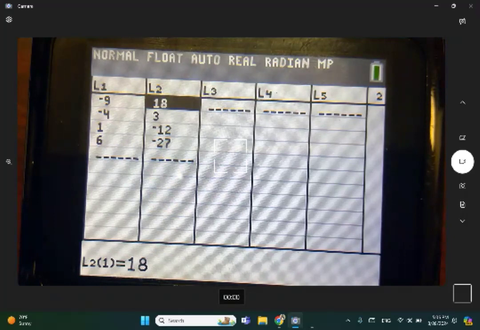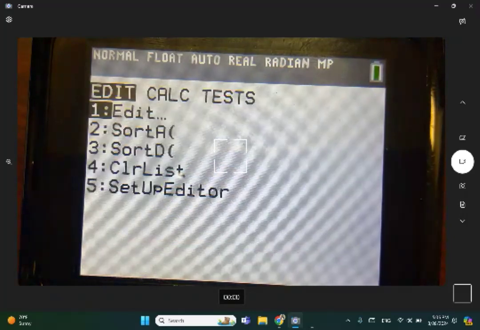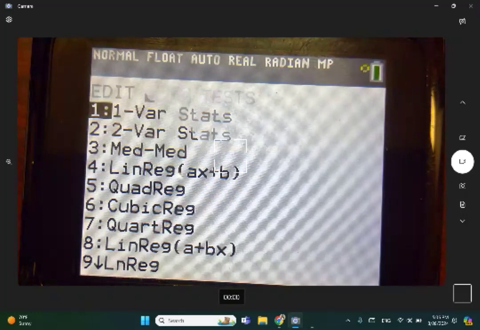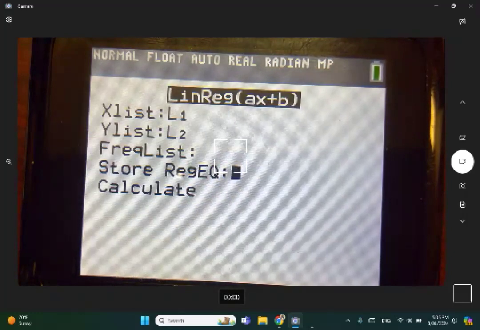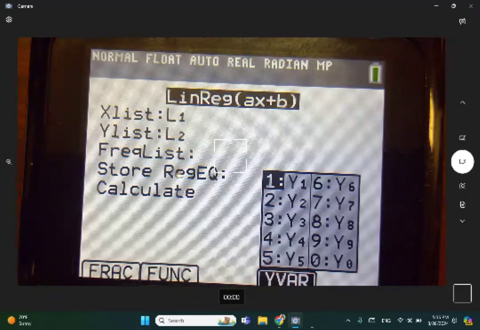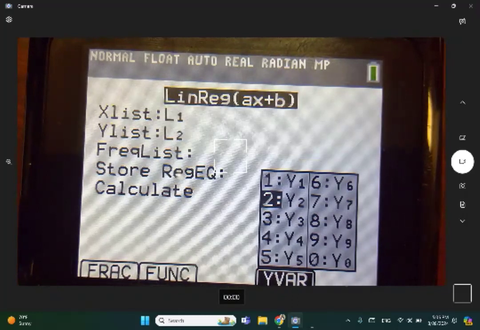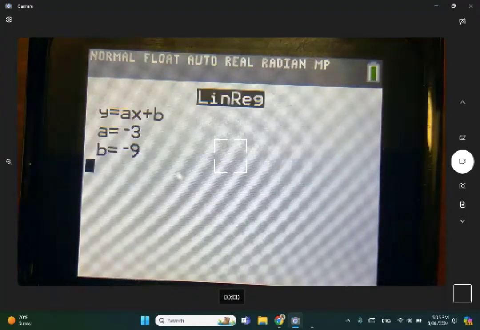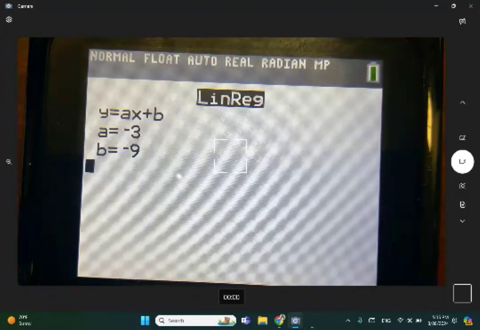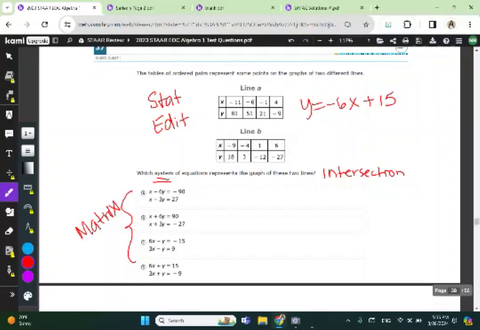Okay, so then I go back to stat, calculate, number 4. Here's a little trick. When you're doing alpha trace, because I need both equations in y equals, I'm just going to put the second one into y2. All right, negative 3x minus 9 is going to be the next equation. Y equals negative 3x minus 9.